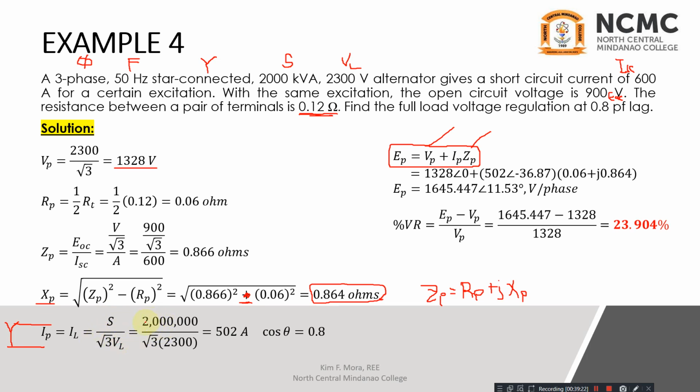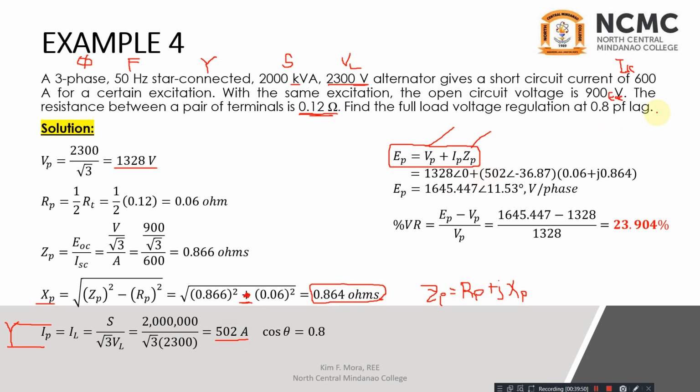Now we have 2,000 kVA, which is 2,000 times 10 to the power of 3, equal to 2 million, divided by square root of 3 times our VL of 2,300. So our IP, which is equal to IL, is equal to 502 amperes.